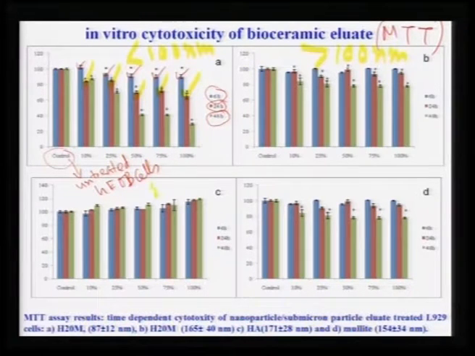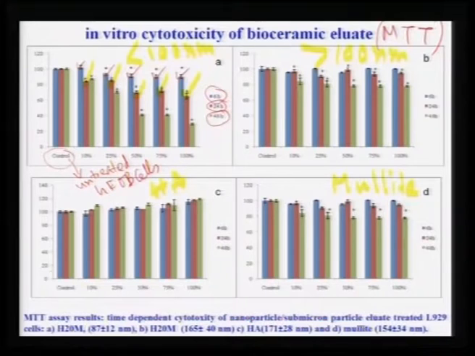This is for pure hydroxyapatite, and this is for pure mullite. Now, this is the less than 100, this is the greater than 100 nanometer. You do notice that depending on the treatment time, 6 hours or 24 hours, there is a general tendency of decreasing MTT values with increasing time duration.